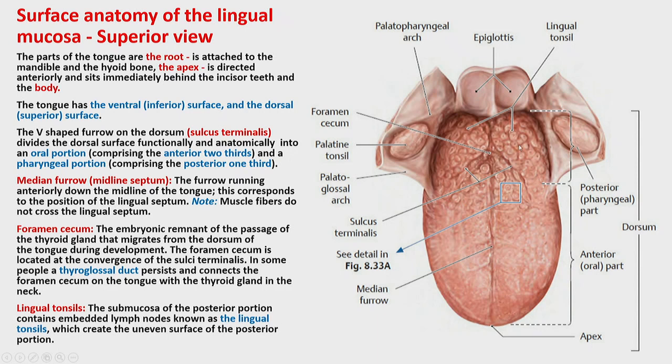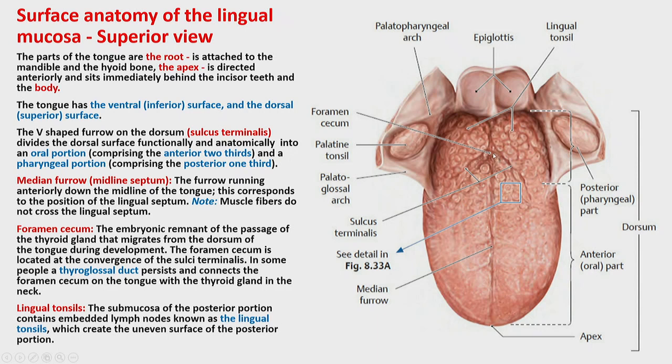This is making the root of the tongue, the posterior 1/3 of the tongue, considered the pharyngeal part. And the anterior 2/3, here in the dorsum of the tongue, is called the oral part.